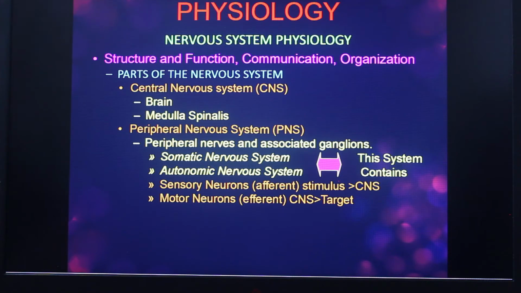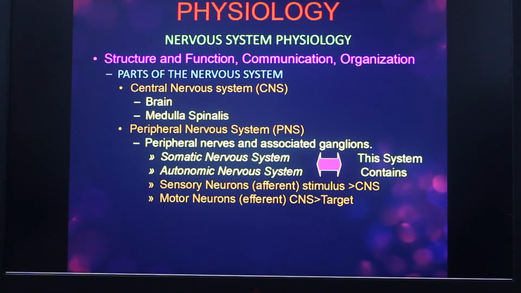The central nervous system contains the brain and the medulla spinalis, and the peripheral nervous system contains the somatic nervous system and the autonomic nervous system.